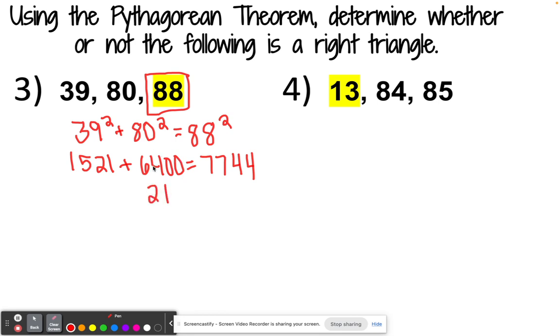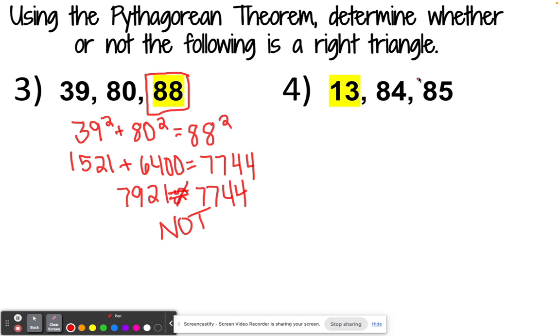I know that. 7921. 7921 is not equal to 7744, so this is not a right triangle. Let's look at my next example.